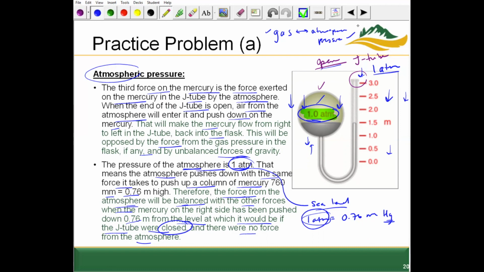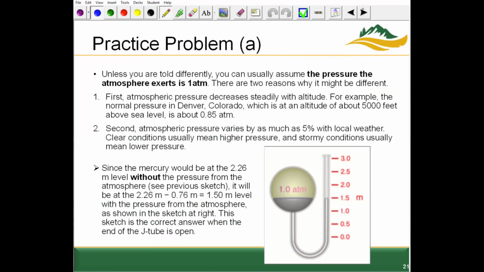Now the only consideration left for our open tube is gravity. From the sheer fact of gravity, we expect these levels to be equivalent. So the level here for mercury equals the level here. And again, we're no longer considering the gas and the atmosphere because those pressures are perfectly in balance. So unless we're told differently, we can usually assume the pressure of the atmosphere is 1 atmosphere.